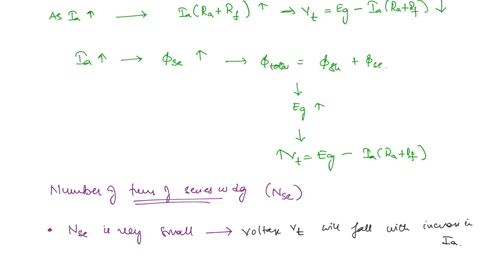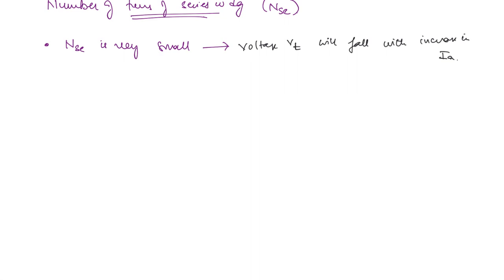Just like a shunt generator, but if you compare with a shunt generator, the decrease is going to be lesser. Why is that? Because here you have the series winding, so some effect will be there. It is just that this is not the predominating effect. Okay. So if you draw the characteristics, this is the terminal voltage, the armature current, and let us say this is the no load voltage.